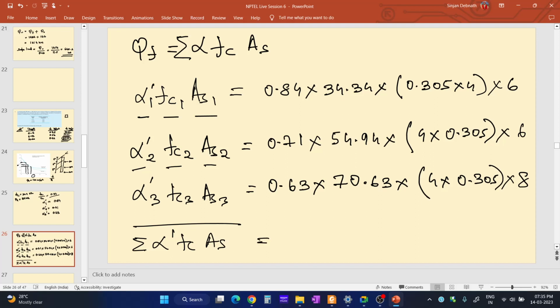After multiplying the terms, we just sum them up. This one is QF, the total skin friction resistance, and it will be equal to 931 kilonewton. If you have any problem in this question, please let me know. We have been asked to find out the total skin friction resistance only.